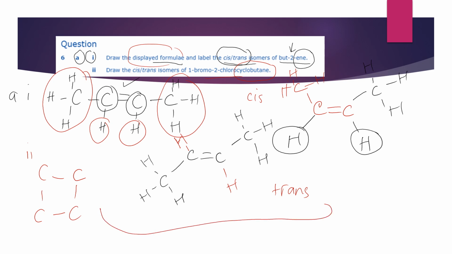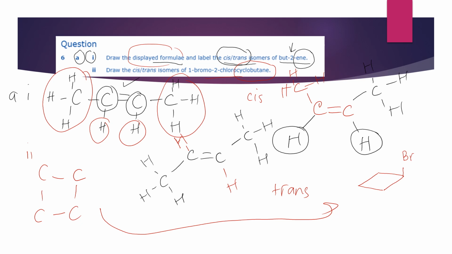So I want to draw in skeletal cyclobutane like this. And then the bromo in number 1. I choose this one. Bromo in number 1. Chloro in number 2.